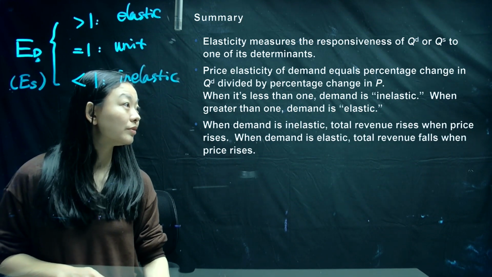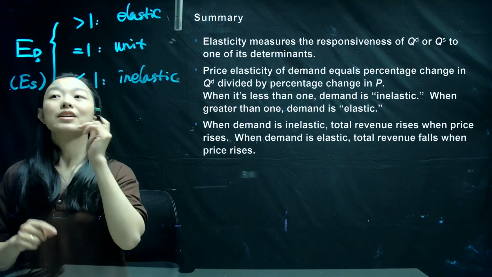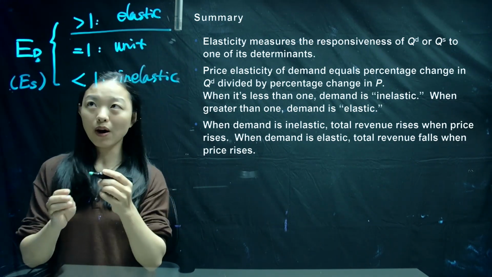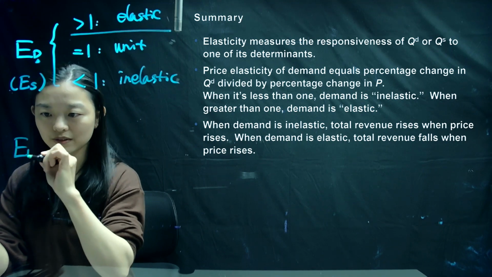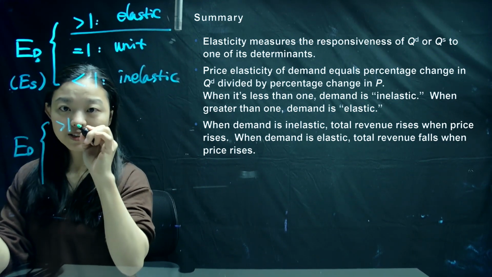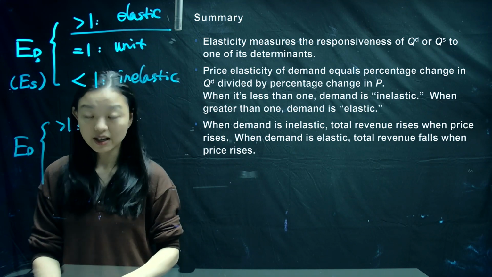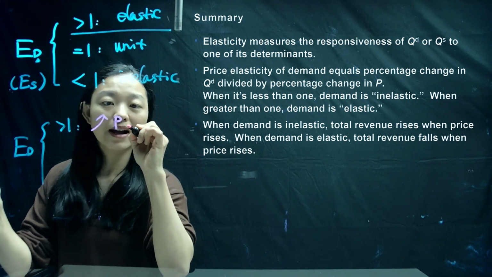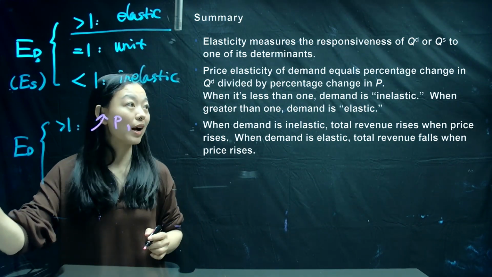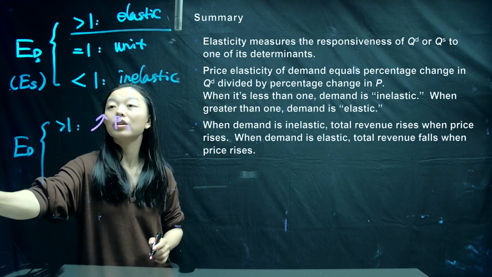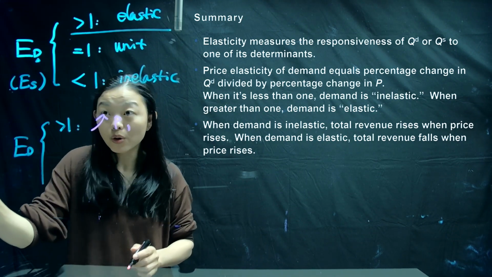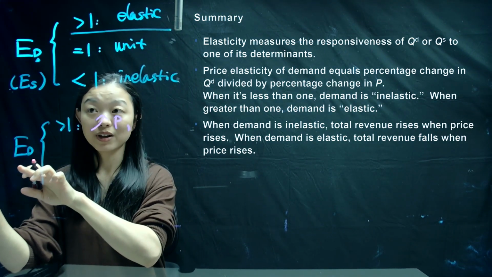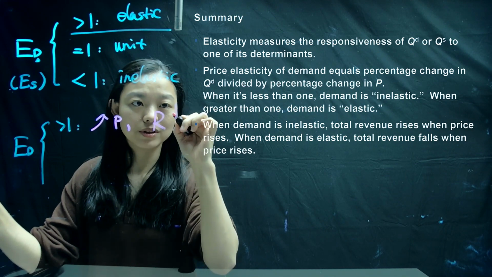For the price elasticity of demand, if it's larger than one, which means it is elastic, then increasing the price will reduce the quantity demanded more. Therefore, when you increase the price for those elastic products, it will make the revenue decrease.